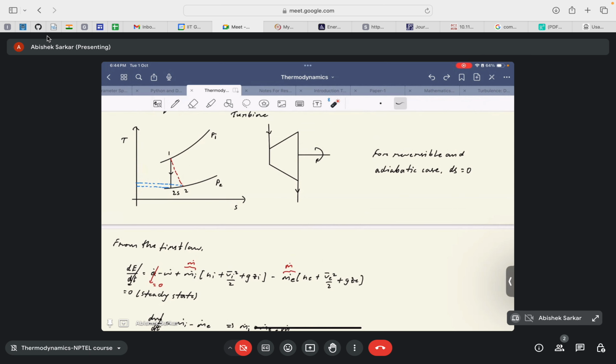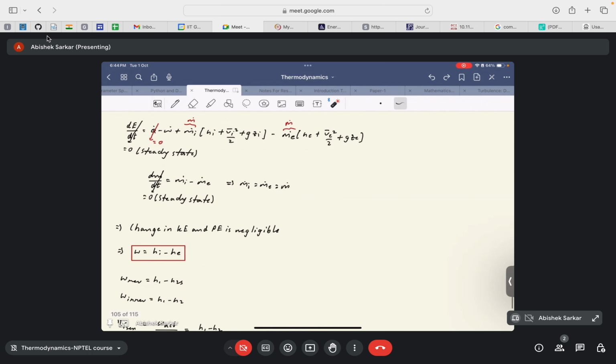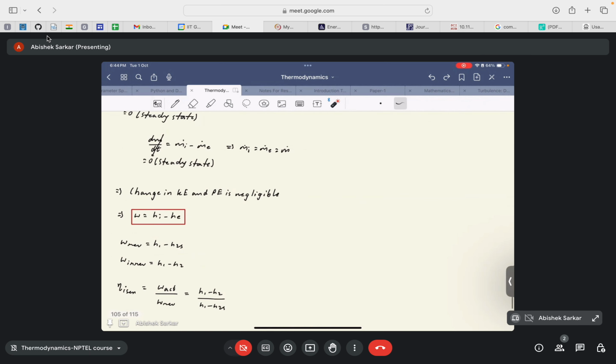And that's why the isentropic efficiency in such a case can be defined as the ratio of the smaller work over the bigger work, or the higher amount of work achieved.